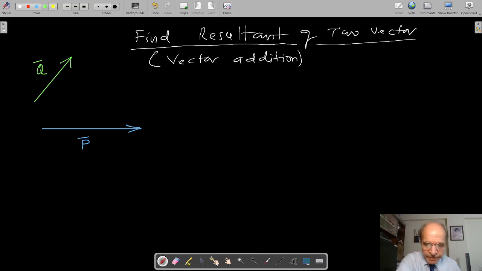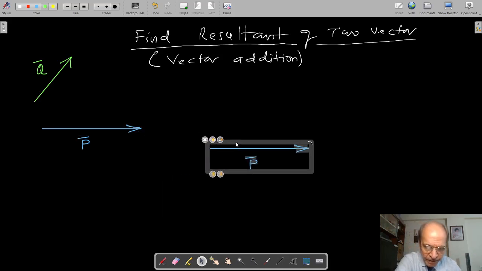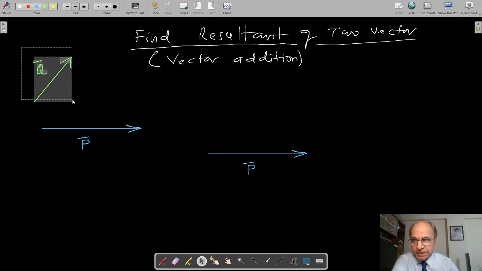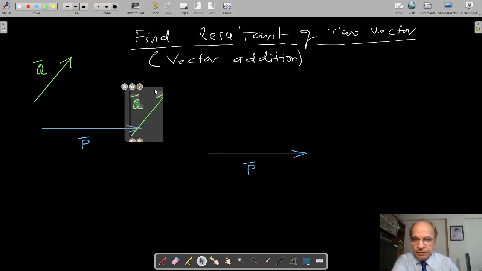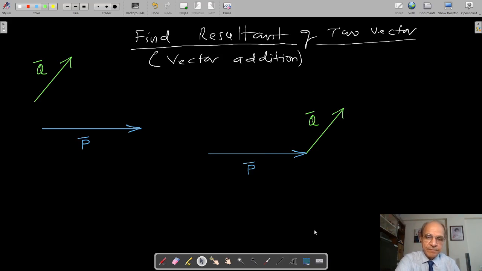So let us draw these two vectors. I take this vector and I put it here. I can move any vector anywhere in the universe, as long as it is parallel and the magnitude is the same, the vector is the same. And then I also move this vector from here to here. I put it like this.